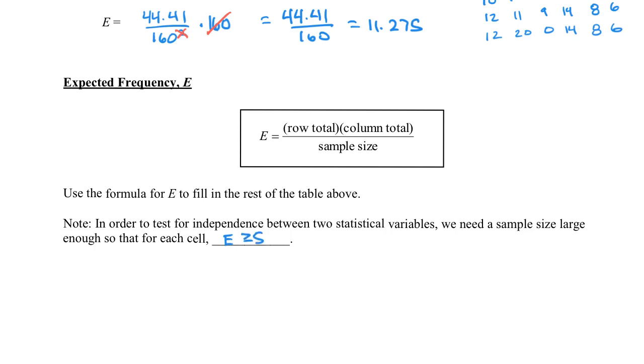That's not going to be an issue for us. This just means our sample size is large enough. Like where we used to always say n is at least 30, or np and nq have to be greater than 5. This is a kind of equivalent of that.